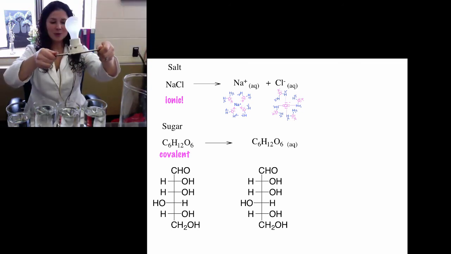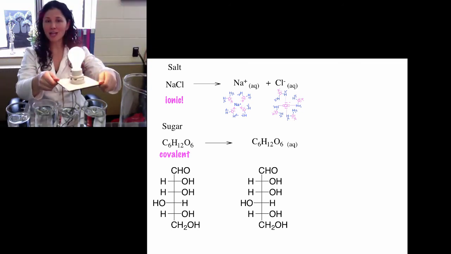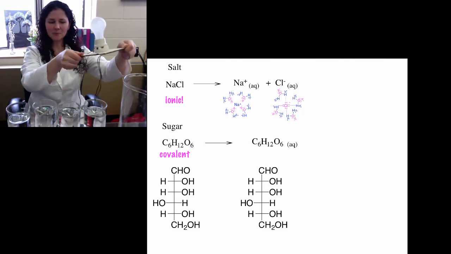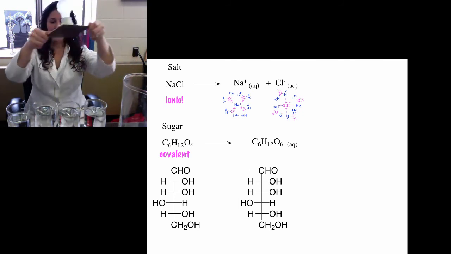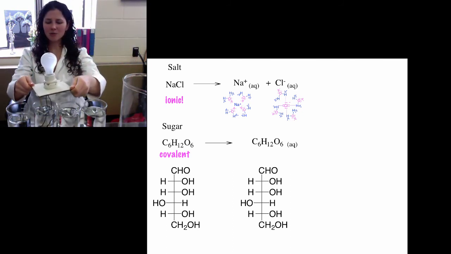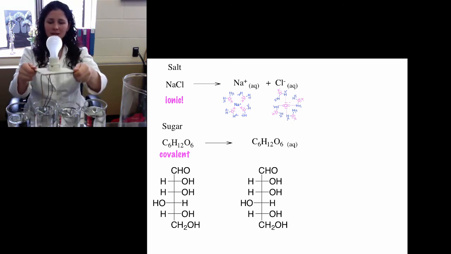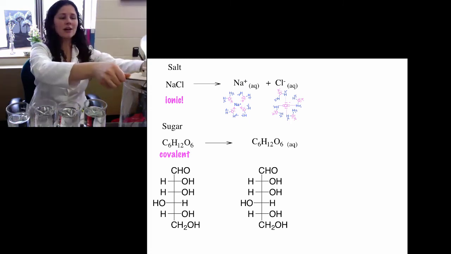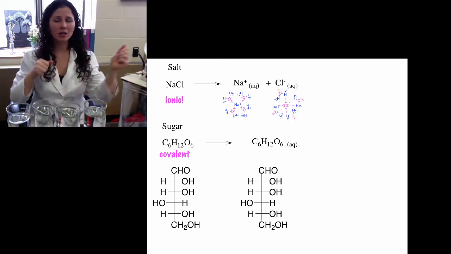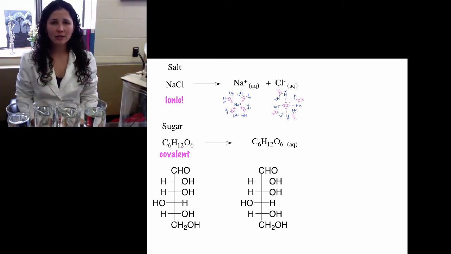All right. Now remember, when I put just a little bit of salt, I got this kind of effect. I'm going to rinse this off. And now if I put it in here, where the sugar water is, I still don't get any conductivity. This is because sugar does not form ions in solution, and so it's not an electrolyte.